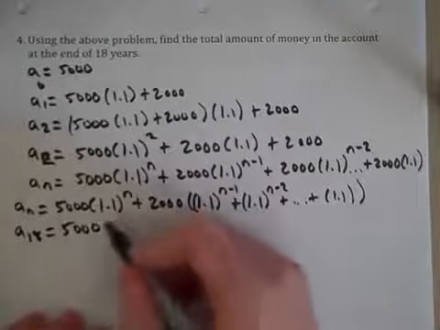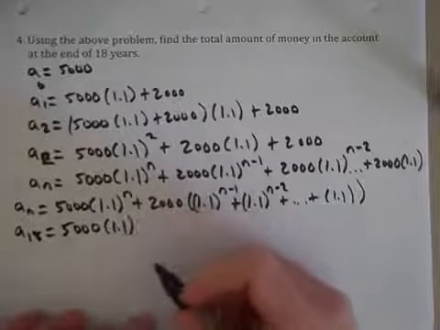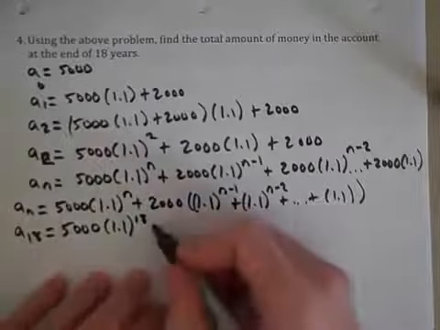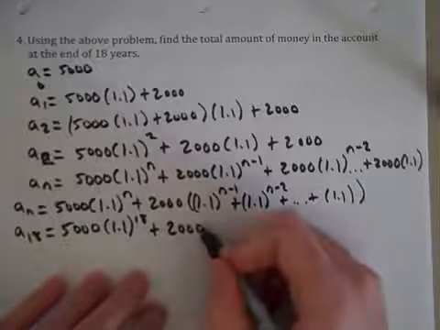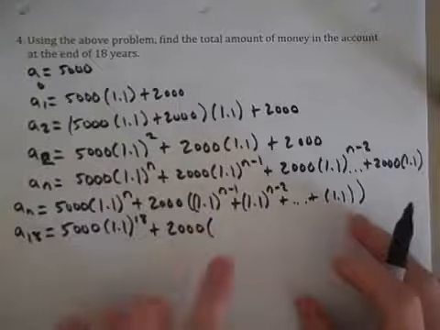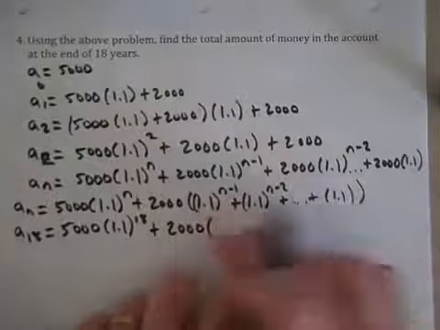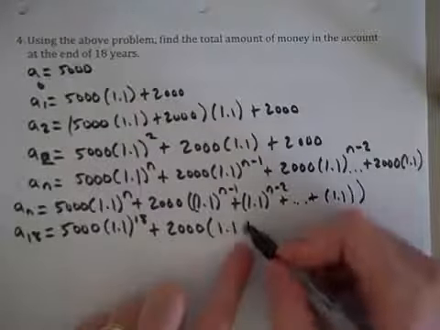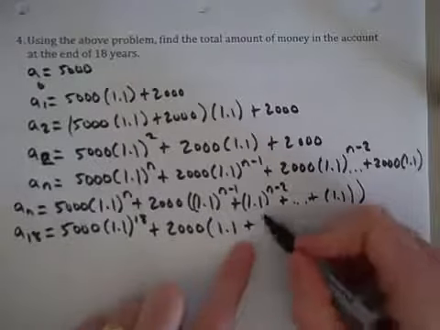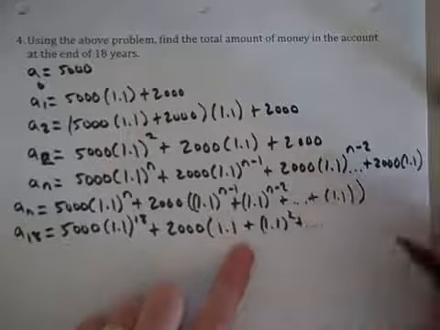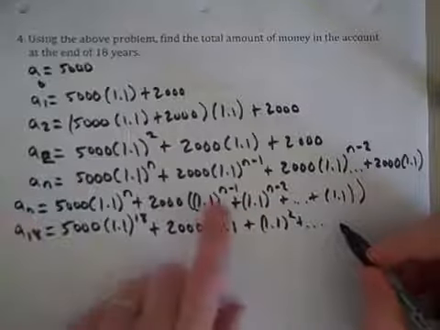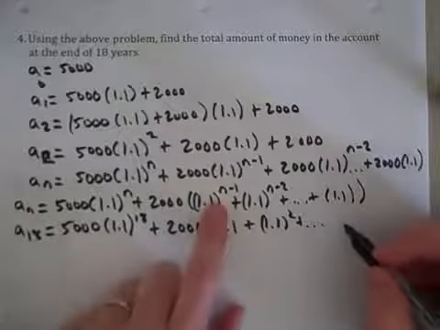Well, here's my initial $5,000 investment. It's going to get 10% interest over the course of 18 years, plus, I'm going to rearrange these terms. So I'm going to put 1.1 first. The next term would be 1.1 squared plus dot, dot, dot. N is 18, so the biggest the exponent is going to get is the 17th.